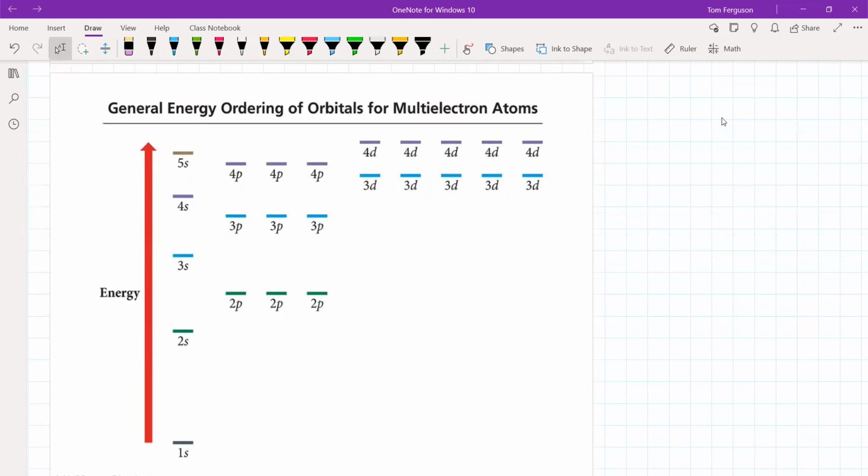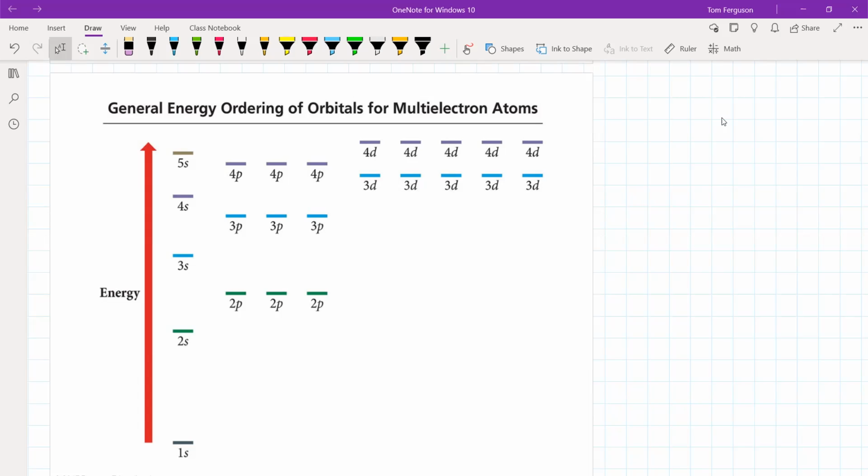Okay, so let's look at this diagram here. This is a diagram of 1 through 5, not 1 through 7. And this continues on. Notice the trend here. Simple. Now, this is potential energy. Remember, the lower the potential energy, the more stable.